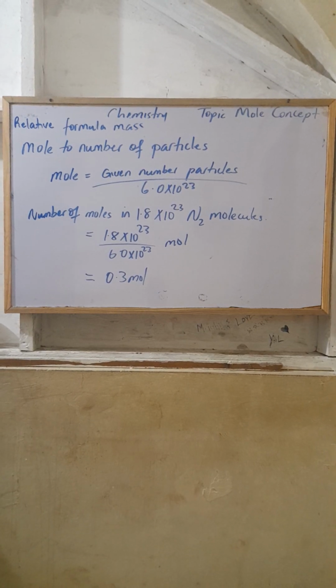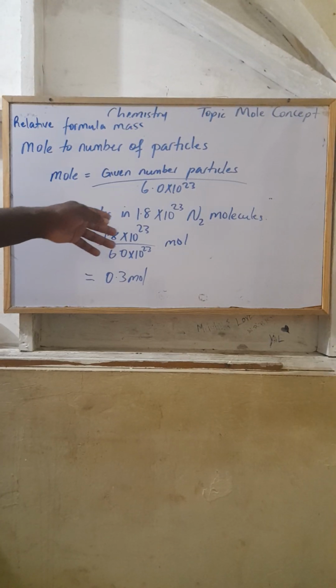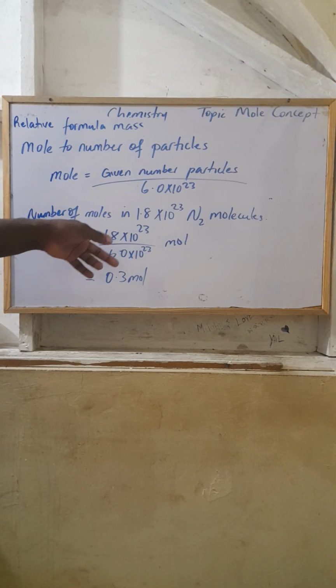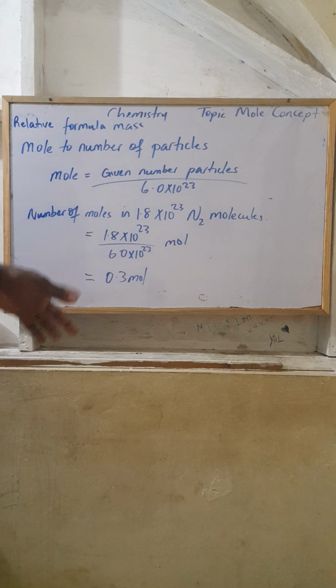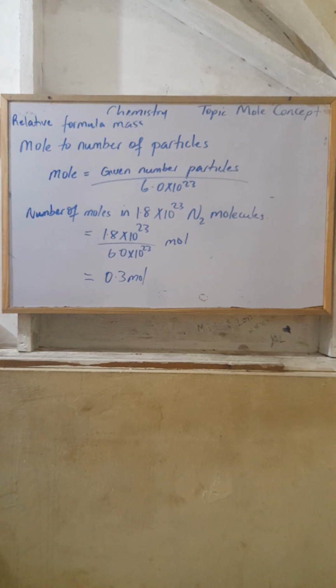When we do the operation, we get 0.3. So 1.8 times 10 to the 23 divided by 6.0 times 10 to the 23 is equal to 0.3 moles, as is shown.